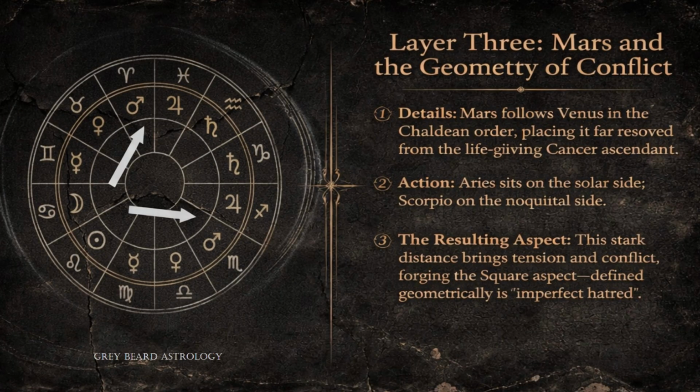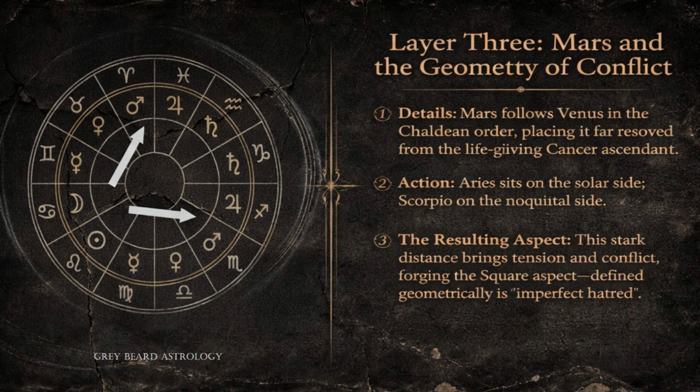So now we get to the 4th layer, which is Mars and the geometry of conflict. So Mars follows Venus in Chaldean order, and places Mars a bit of a distance away from the life-giving sign of Cancer and the Sun. And Mars is irritated by this. The resulting aspect that we'll go into later is friction, is tension.